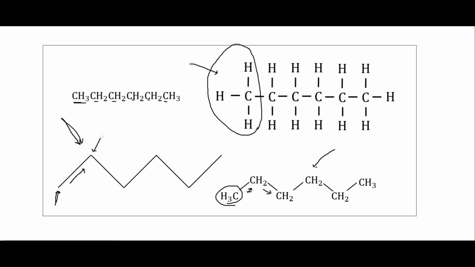Then this carbon right here, which is bound to 2 other carbons, must therefore have 2 implied hydrogens bound to it. And that is indeed what we see right here, and here, and here. And so on and so forth.